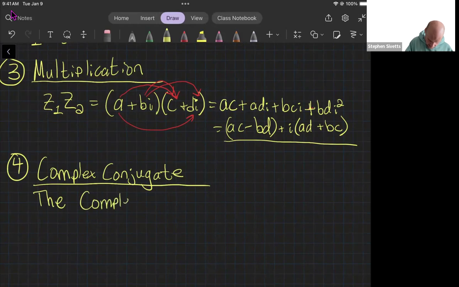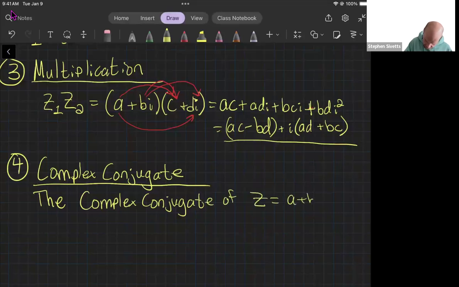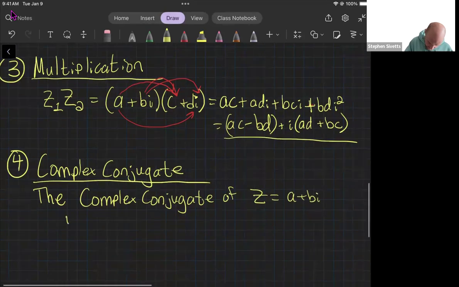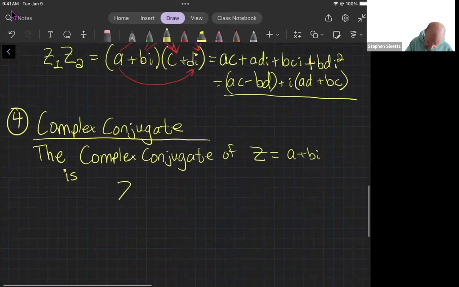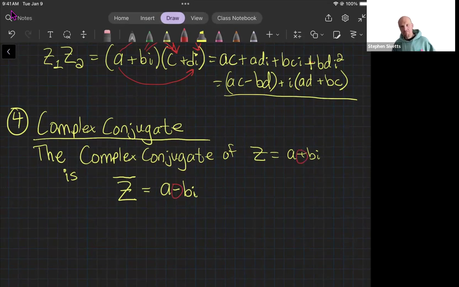The complex conjugate of Z equals A plus BI, we denote as Z bar, and that equals A minus BI. So really, the complex conjugate is you're switching the sign in the middle. That's it.